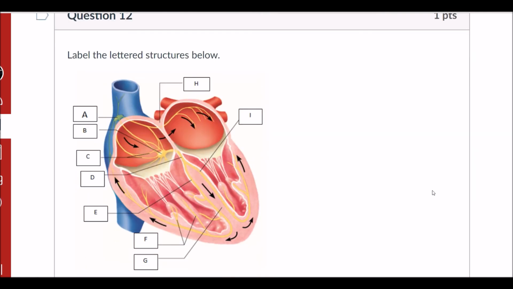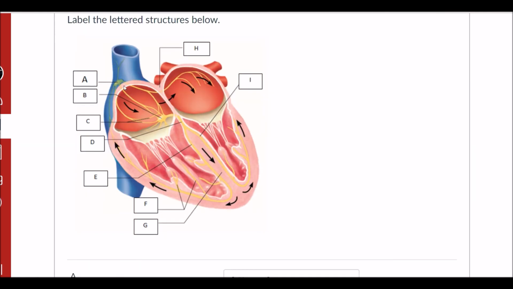Almost done. Number 12. A is the SA node. B is which node? AV node. And joining them are the junctional fibers. Very good. So SA node, AV node for B, junctional fibers for C. D. So this is the bundle.